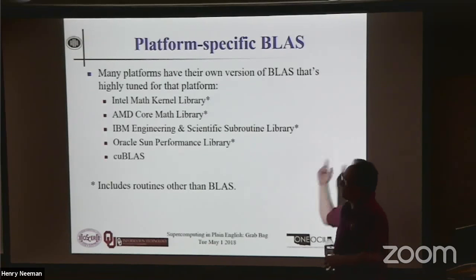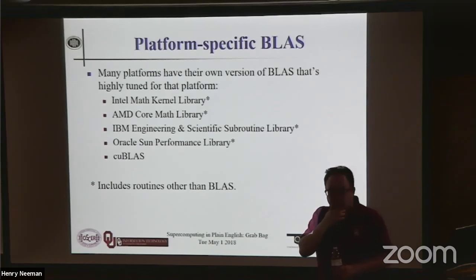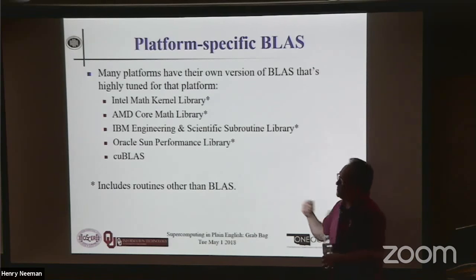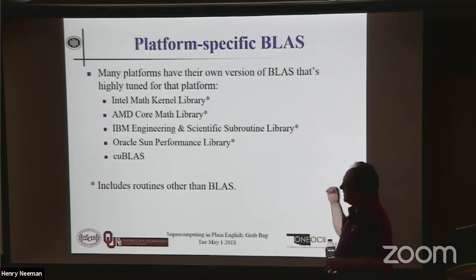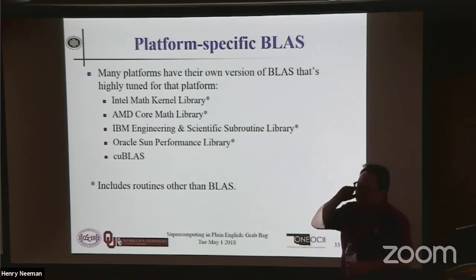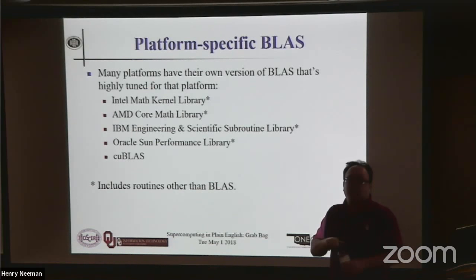What's happened since then is some of the platform-specific pre-tuned libraries that you can buy, or sometimes they come for free, depending on the kind of hardware you're buying, have now adopted a lot of his ideas. And so they get the benefit of the work that he did, even though it's not necessarily him doing the implementation.